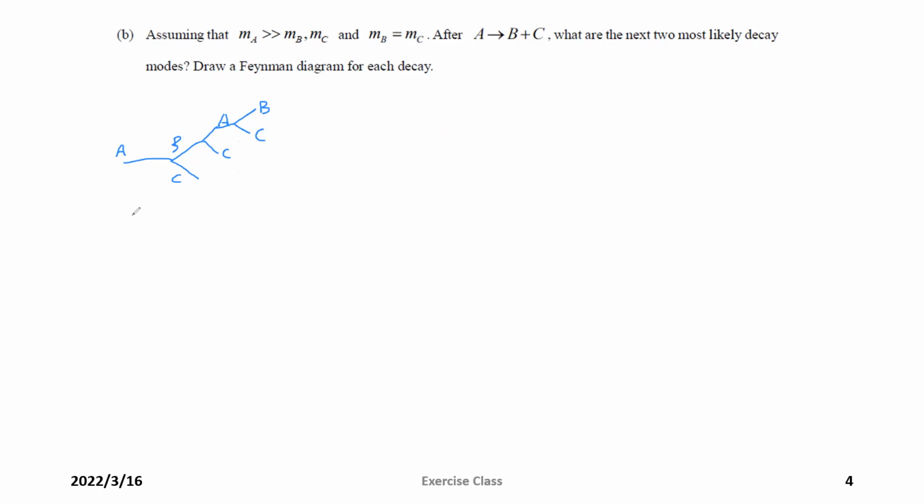So that's one of the answers. And this is allowed because we assume the mass of B and C is much smaller than A. So it's kinematically allowed. And for the next diagram, we can consider the branching of the C particles.